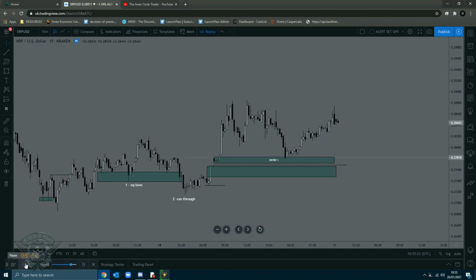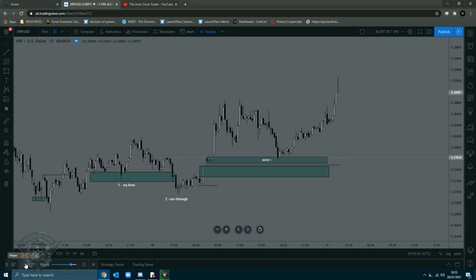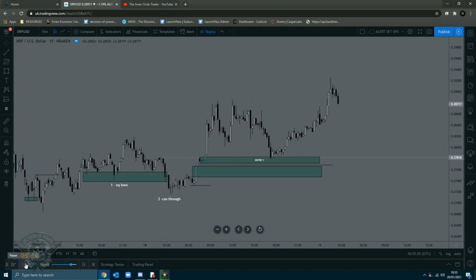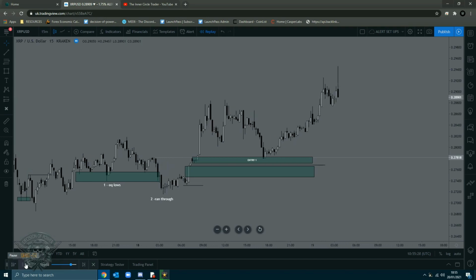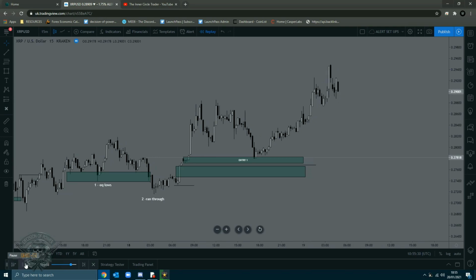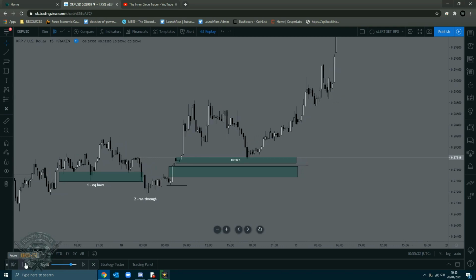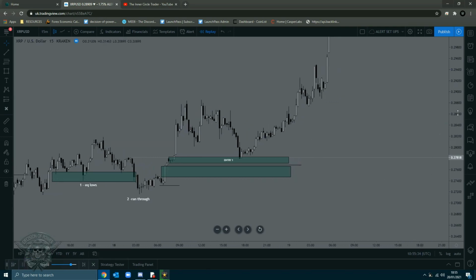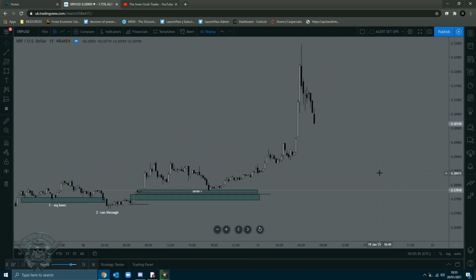And it's important you don't move your stop loss too early, because if you move it too early, you can get stopped out and then the market goes in your favour. Okay, and as you can see now, the market's just starting to take off.